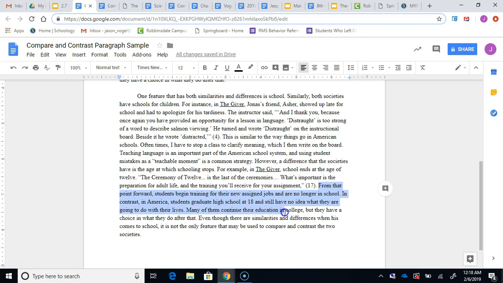Many of them continue their education in college, but they have a choice in what they do after that. So I explained how that is different in our society because we end school at a different age. Now that I've shown the similarities and differences between that one feature, I can transition to my next paragraph.